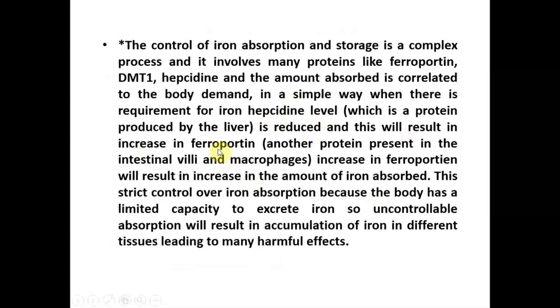Ferroportin is present in the intestinal villi and the macrophages. When ferroportin increases, it will result in increased absorption from the GIT and the intestine, and increased release of iron stored inside the macrophages. So the amount of iron in the plasma will rise.